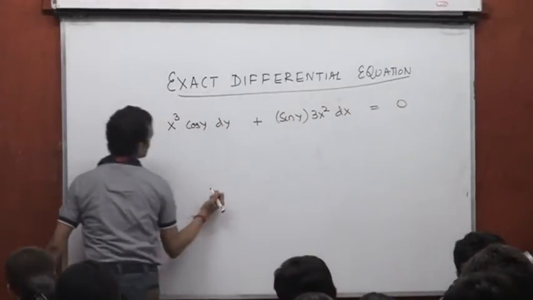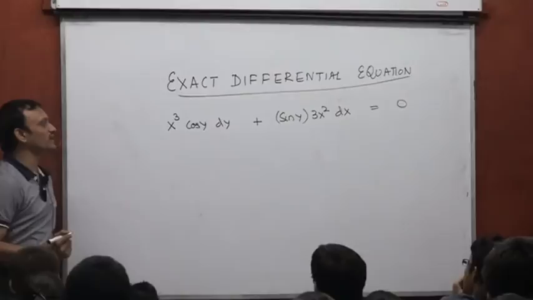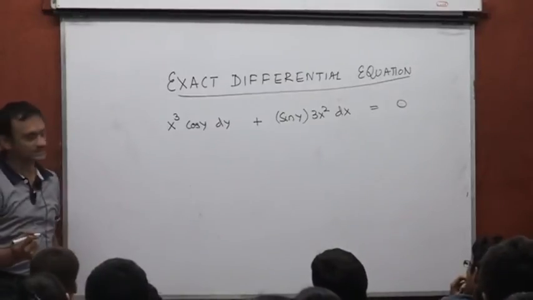Suppose something like this: x cubed cos y dy plus sin y 3x squared dx.